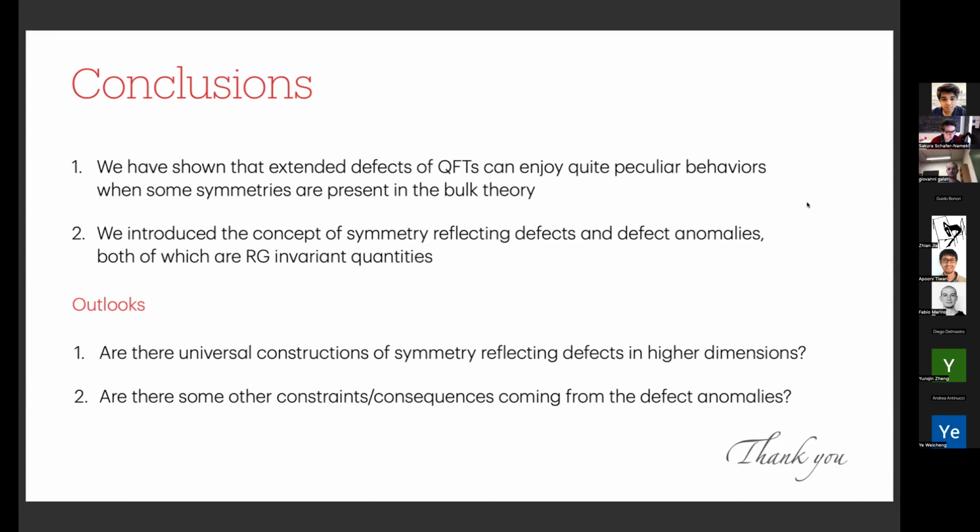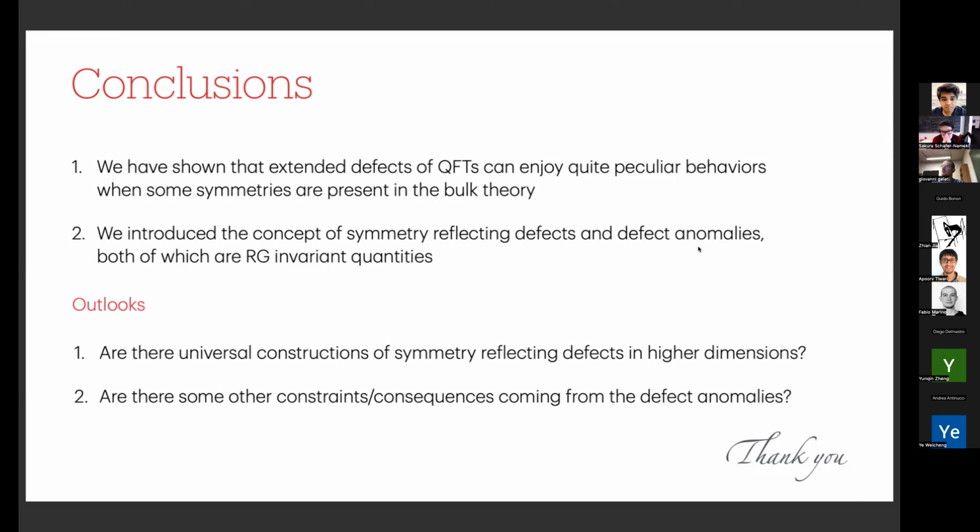Rajat? Yep. Yeah, thanks for the talk. I have a basic confusion regarding this symmetry reflecting defect cannot become trivial because you have this non-trivially acting topological operator, and that you don't want it to end on the identity defect, right? Yes. But if you have something like condensation defects, they can act non-trivially on other operators even though they admit gapped boundaries, right? So how should I understand this scenario?